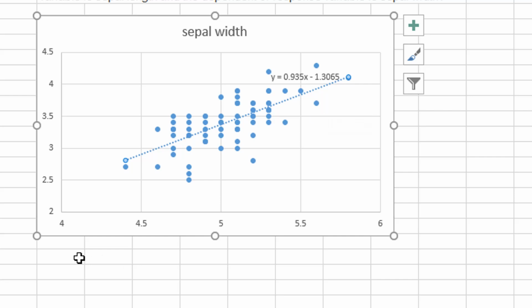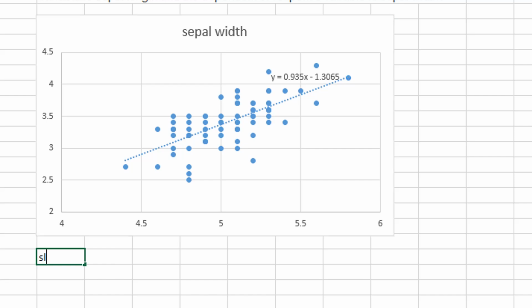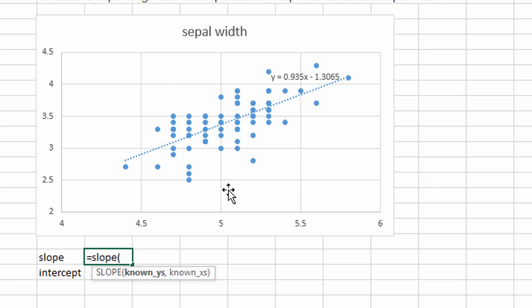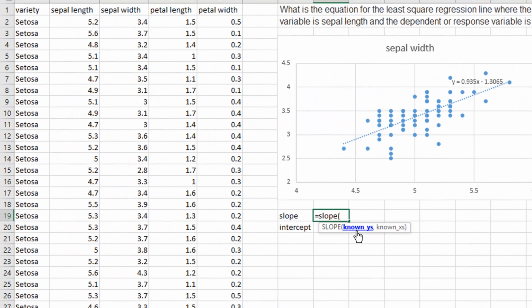If I wanted to get those values, slope and intercept, I can use functions that are in Excel. For the slope, I type in equals SLOPE, parentheses, and I'm going to go and select first the known y's, which are my response variable. That's sepal width. So I'm going to select all my sepal widths.